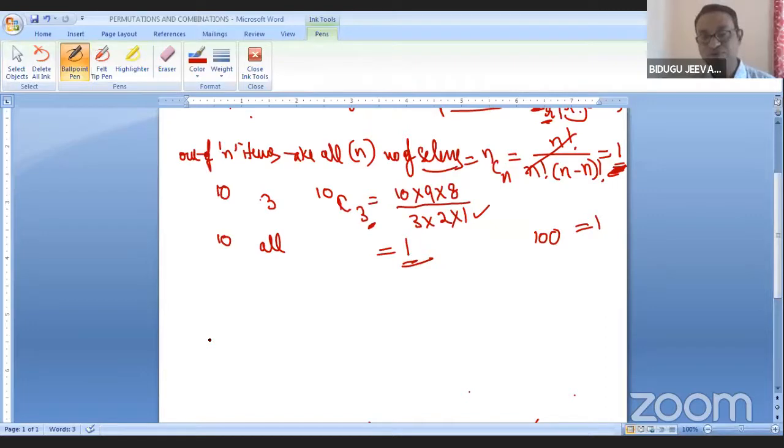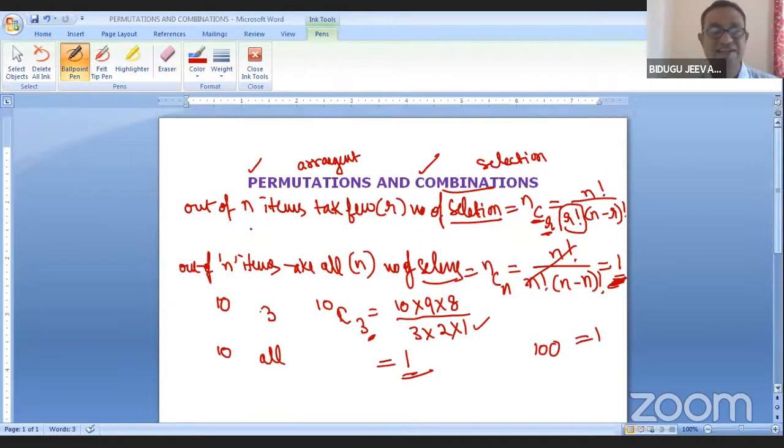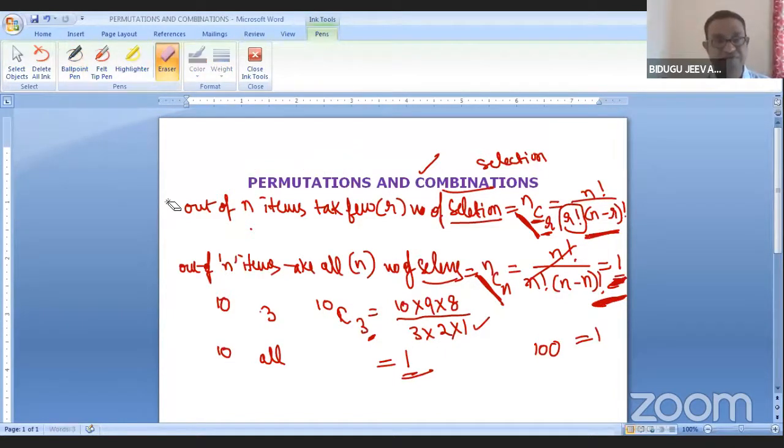So let me go through one wonderful example under this selection. I said very clearly once again, out of n items, it's NCR. If you take all, NCN is 1, this is a formula. Okay, let me take one example.